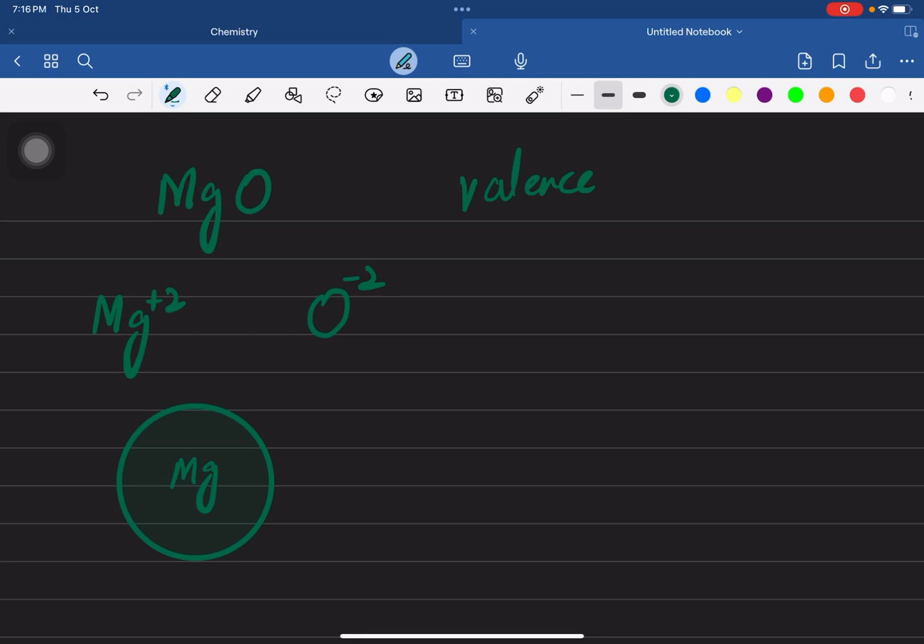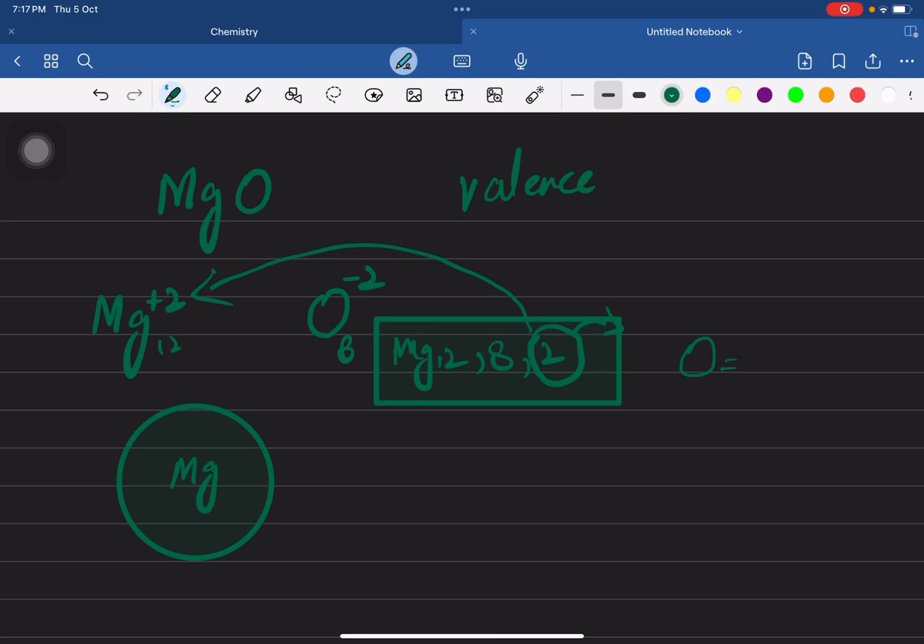The proton number of Mg is 12, so 2, 8 and 2, but these 2 electrons will be lost by the Mg, that's why it will get a plus 2 charge, while oxygen has a proton number of 8, and its electronic configuration is 2 and 6.